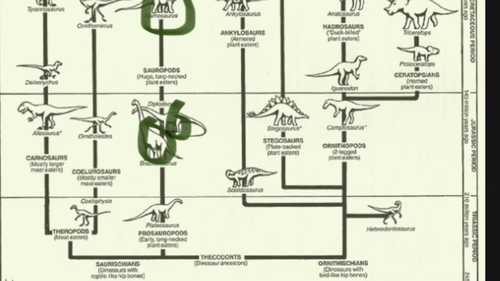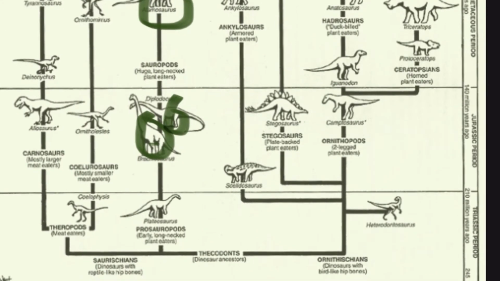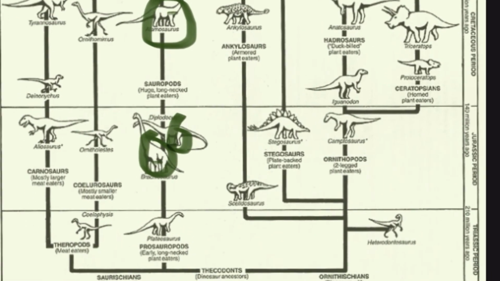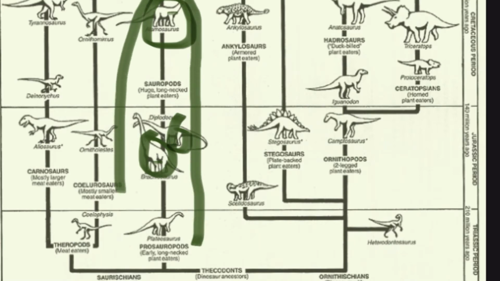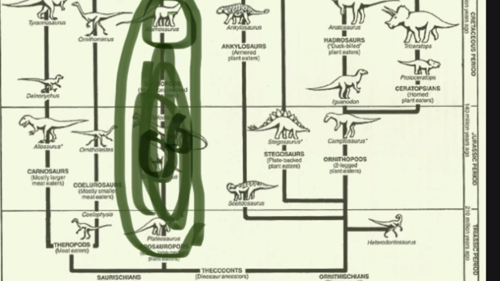So, if you look at all of the sauropods, they're all plant eaters. From now on, green means plant. Because I said so.